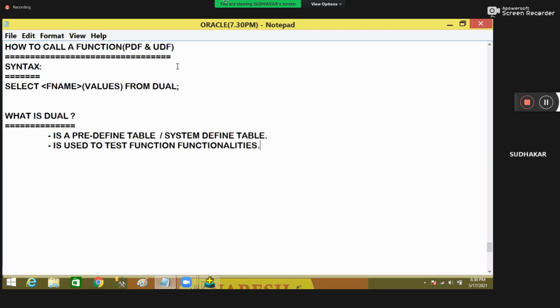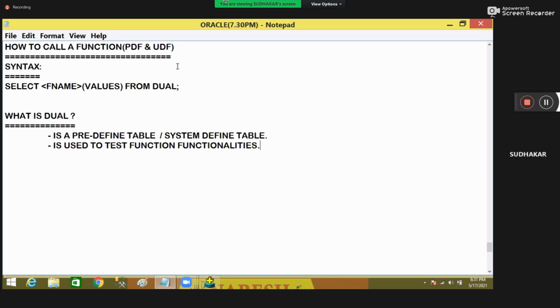What is meant by functionalities? It means how a function will work. Suppose you are calling one function; how is that function working? For that functionality testing purpose, we use the dual table.